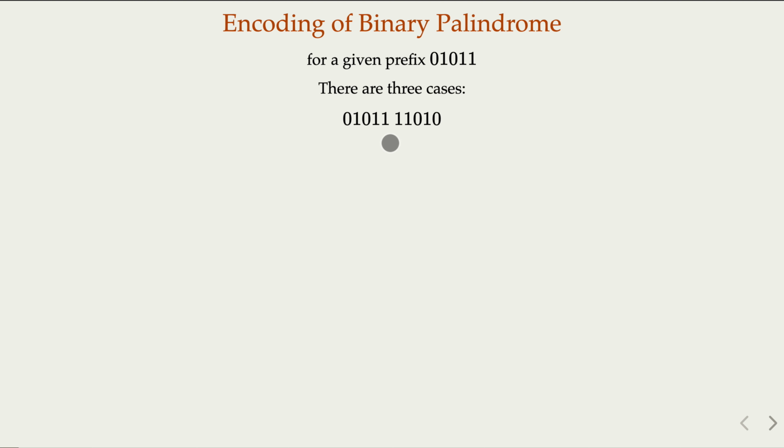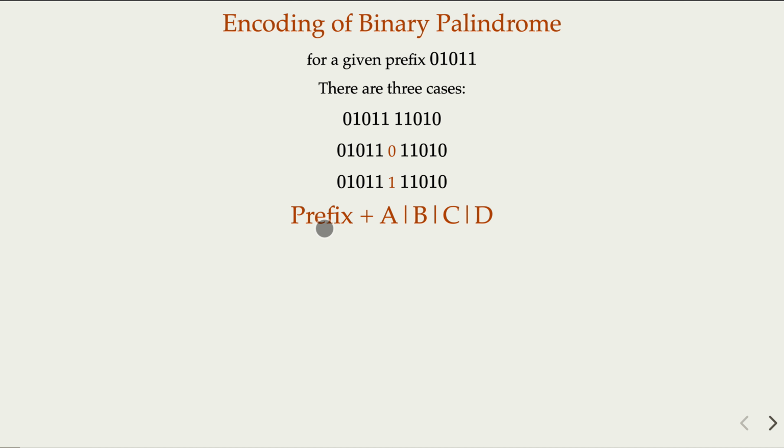Or you can put 0 in the middle. So in the first case, there are an even number of digits. In here, you have an odd number of digits, and kind of mirror here. So that's a palindrome also. Or you can put 1 in the middle. So the 3 cases. We're going to encode this string using symbols so that I don't have redundant information.